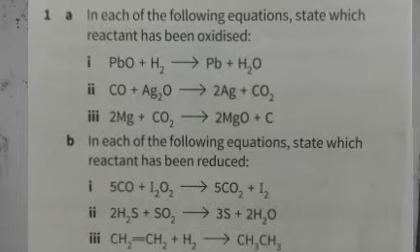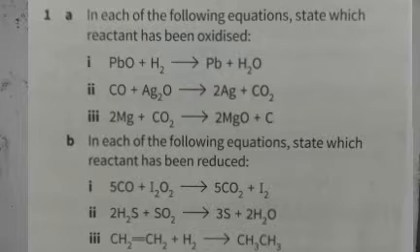Second one, silver is reduced, but carbon monoxide is oxidized because it becomes carbon dioxide. Third one, magnesium reacts with carbon dioxide, and the products are magnesium oxide and carbon. There carbon has been reduced. So magnesium is oxidized there.